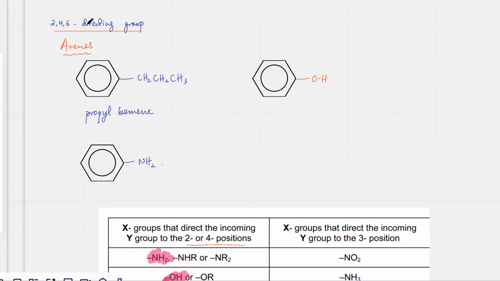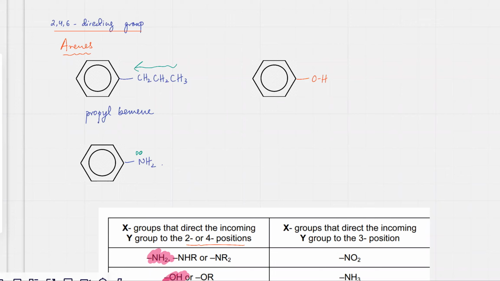So in arenes, you got two things. 2,4,6 directing groups are those where the groups have an electron donating effect. Basically what happens is that the carbon chain pushes electron density onto benzene.